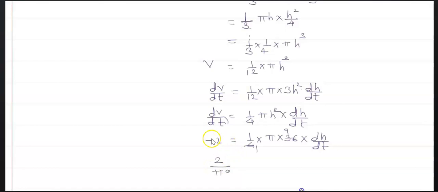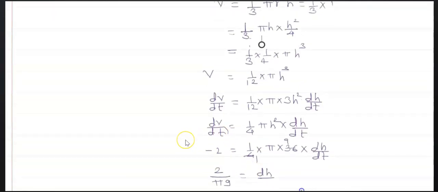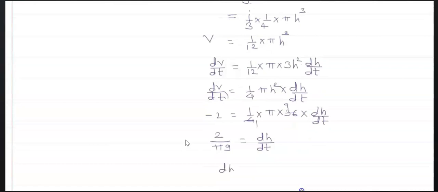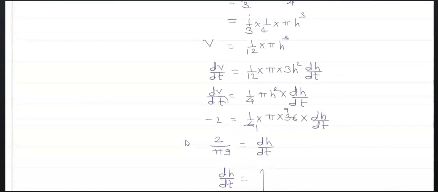I am writing here a 2 by mistake. You may also treat it like this. The water level is decreasing at this rate, it means we write it in terms of a positive number.